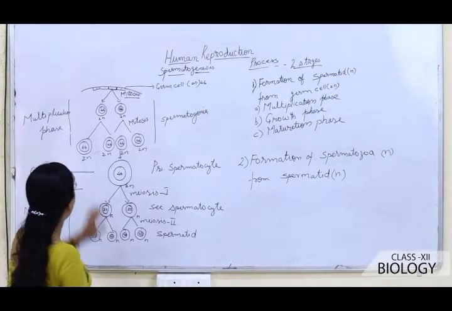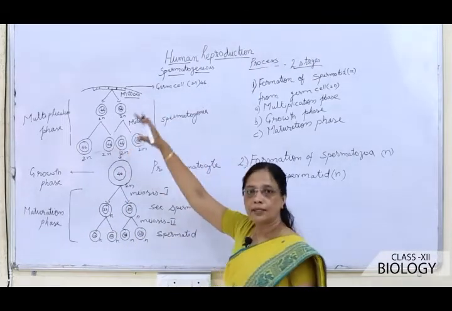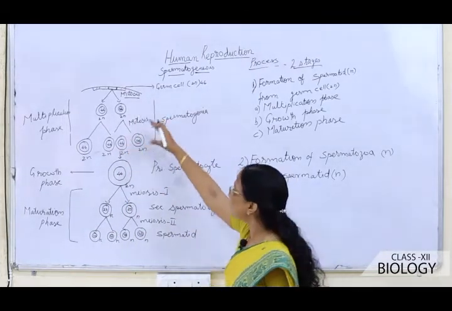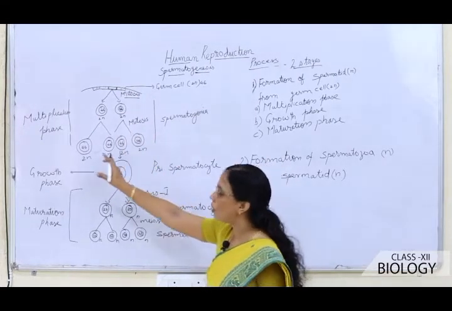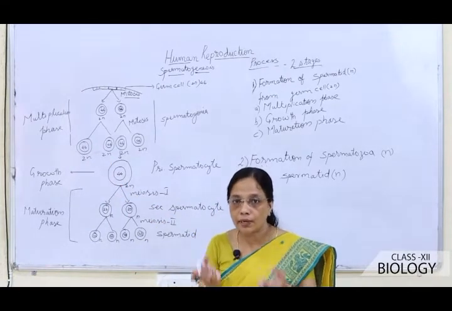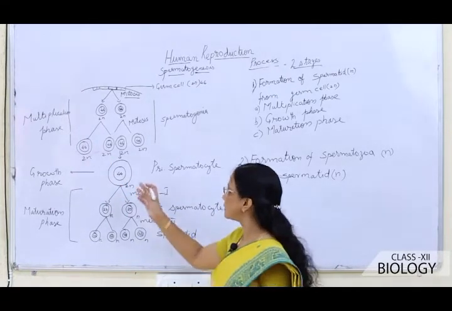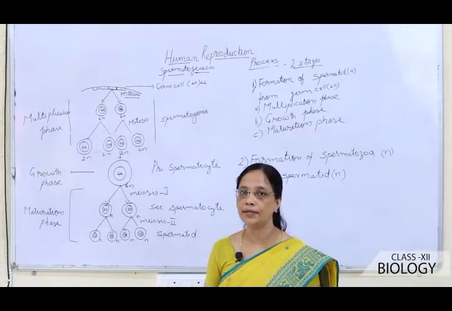So what happens in the multiplication phase? The number of cells, that is spermatogonial cells, increases. After that, in the growth phase, some of the spermatogonial cells stop dividing and accumulate cytoplasm and increase in size, and along with that replication of DNA takes place.